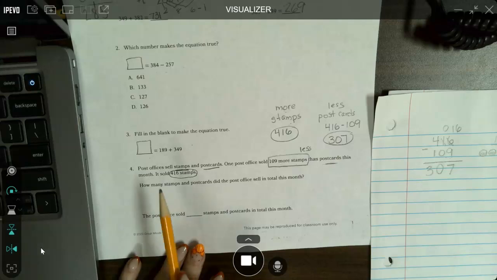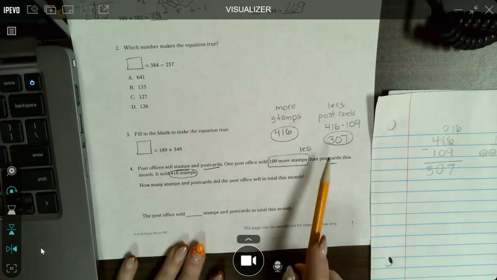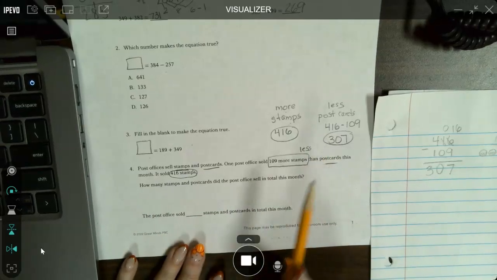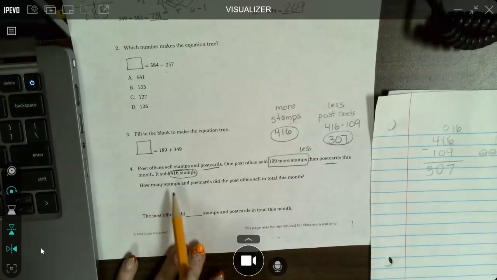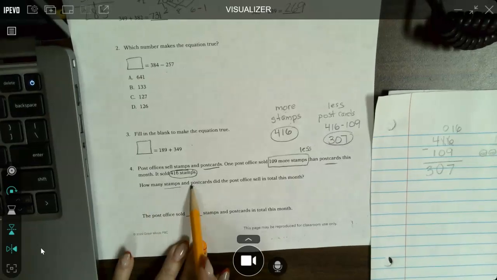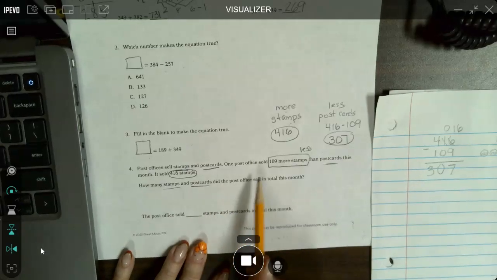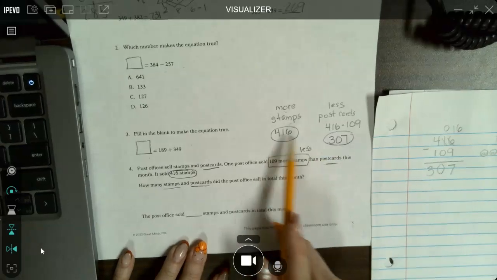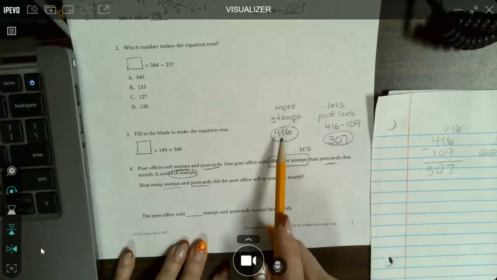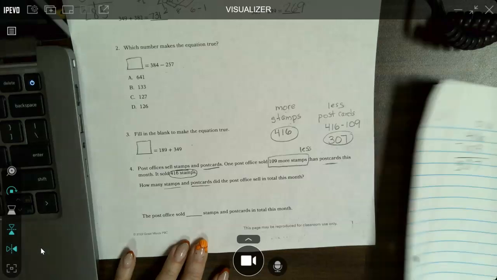The question they're asking is not how many postcards, but it says how many stamps and postcards did the post office sell. So we then have to put together the amount we just found with the original amount they gave us.